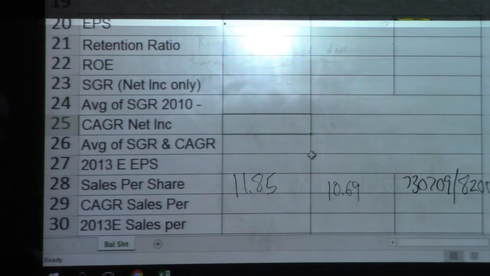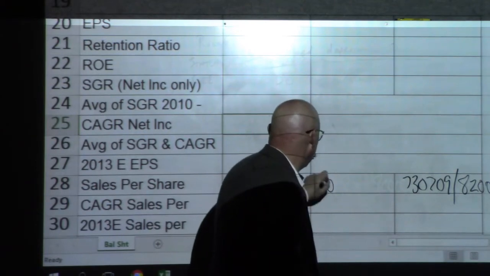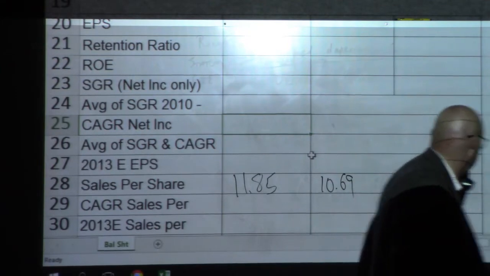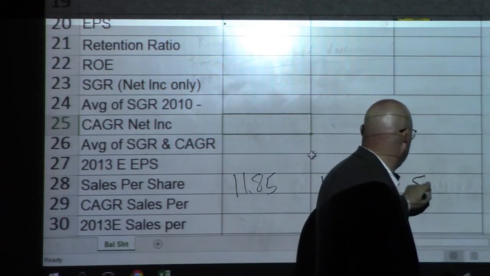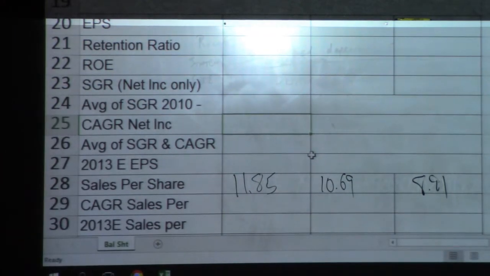Let's make sure. Let's look this up. 10.69, and this is $8.91. Okay? So there we go. Let's put this down. So we have 11.85, 10.69, and 8.91 sales per share.